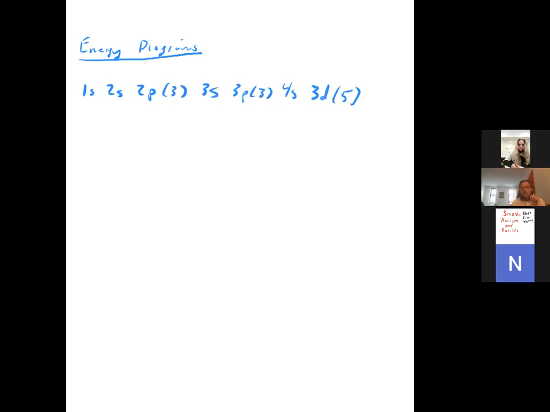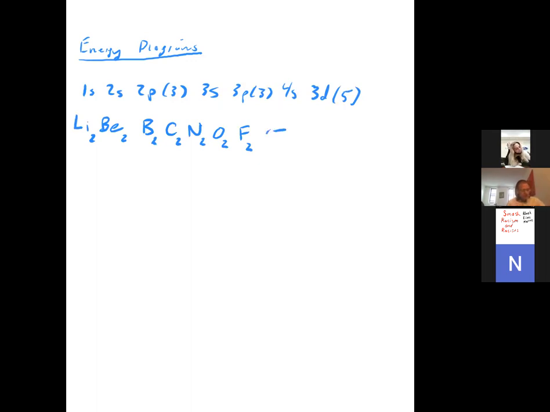Now, we're just going to deal with period 2. So we're just going to be concerned with lithium, beryllium, boron, carbon, nitrogen, oxygen, and fluorine. But again, these are molecular orbitals, so we're going to deal with the molecules: F2, O2, N2, C2, B2, Be2.